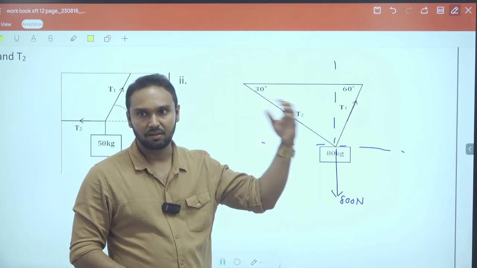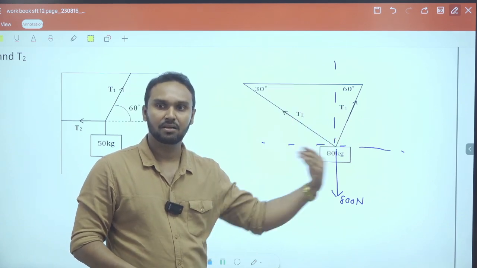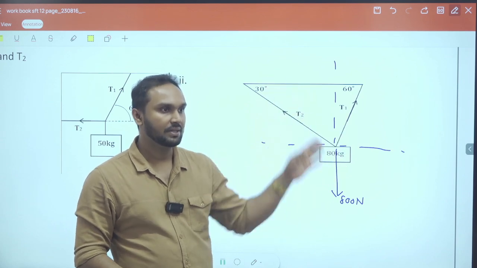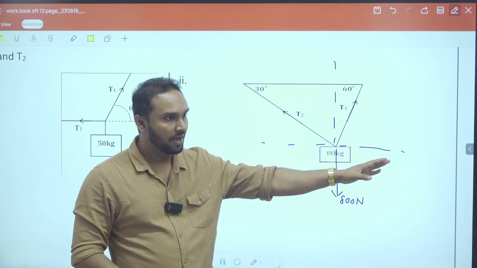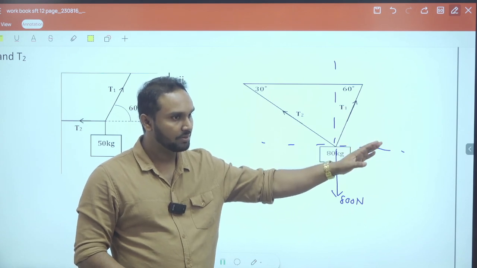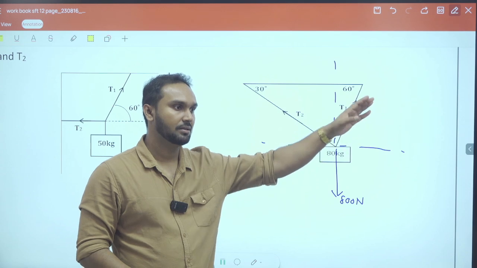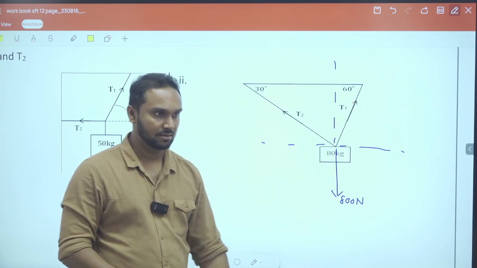The equilibrium is the vertical equilibrium and the horizontal equilibrium, so all the forces should be along the vertical axis and the horizontal axis. If they aren't, you have to take the components of the forces acting at angles to the vertical and horizontal axes, right?